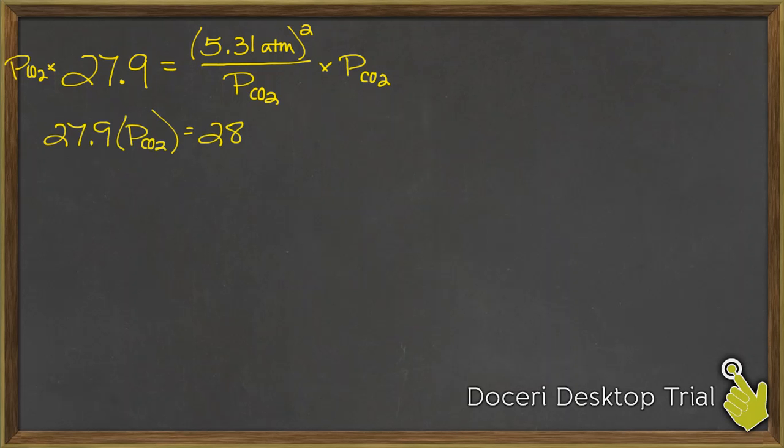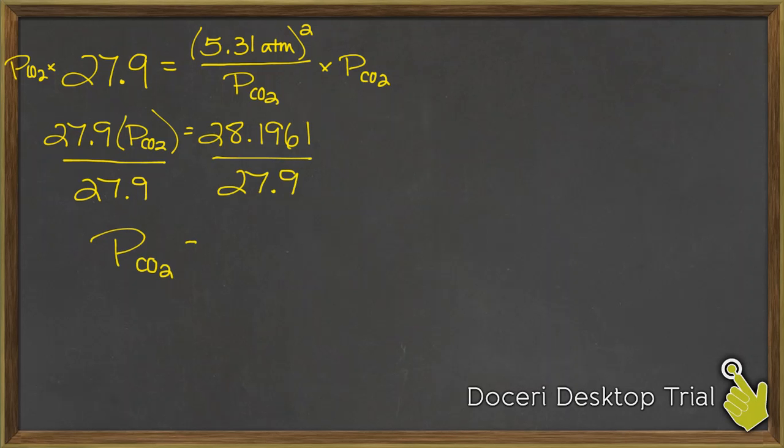I'm not going to round too much because this is not my final answer. And I'm going to divide both sides by 27.9. Sorry if this is getting a little messy. So here is my final answer. And it's in atmospheres.